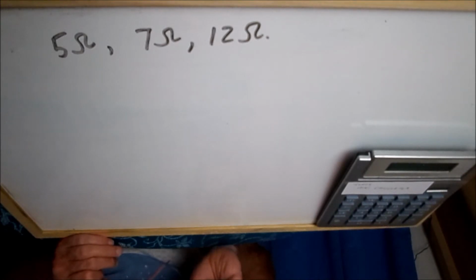So what I'm going to do is go through the equations with you, but first of all, if you push pause, have a go at the question. If you push play again, we'll go through the answer.